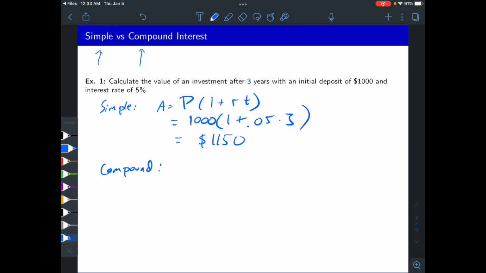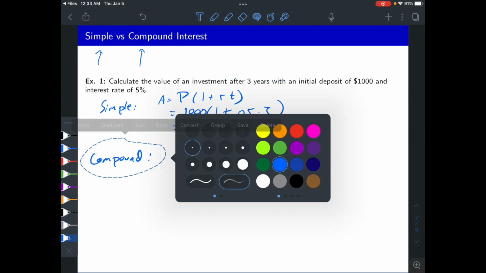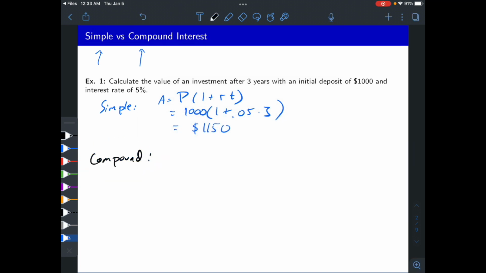Compound interest works as follows. We can do this in stages. We're just going to assume that you make 5% interest annually. So every year you make 5% interest of what you have at the end of your year.